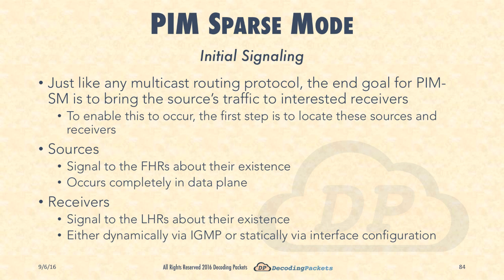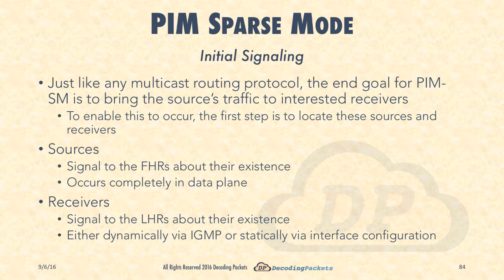So the first step, as with any other multicast routing protocol, is to locate the sources and locate the receivers. So it's important to go over how the sources and how the receivers actually first do their initial signaling, inform the multicast network about their existence.